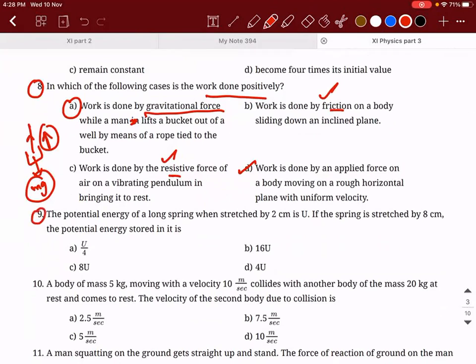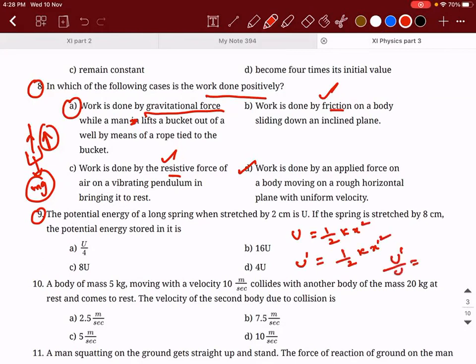9th one. The potential energy of a long spring when stretched by 2 centimeter is U. If the spring is stretched by 8 centimeter, the potential energy stored in it is? U is equal to half kx square. U dash is equal to half kx dash square.